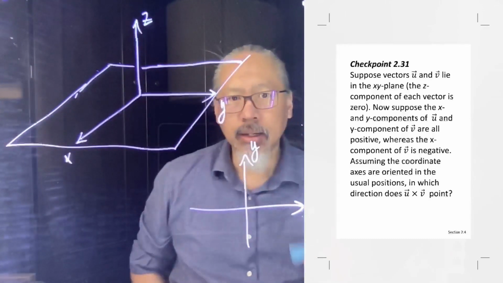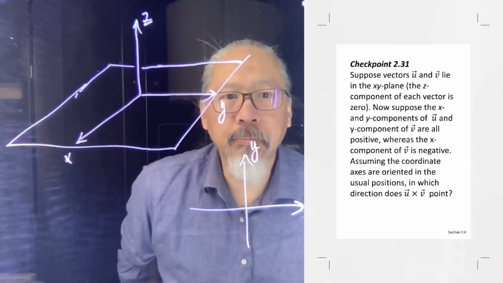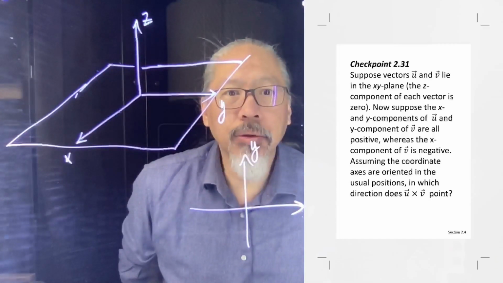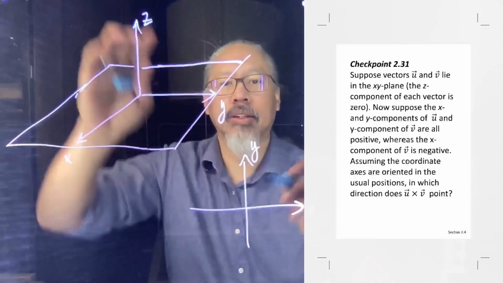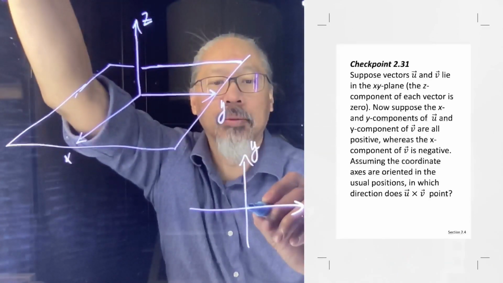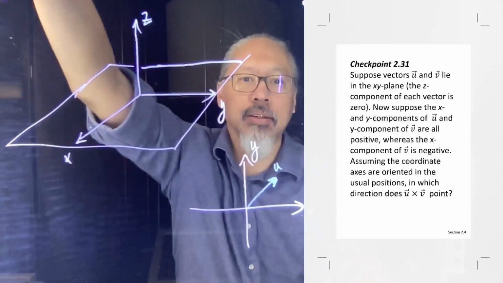Okay, let's first figure out our vector u. On the xy plane it has a z component of 0, and x and y components are positive. So we're in the first quadrant. So this is u.